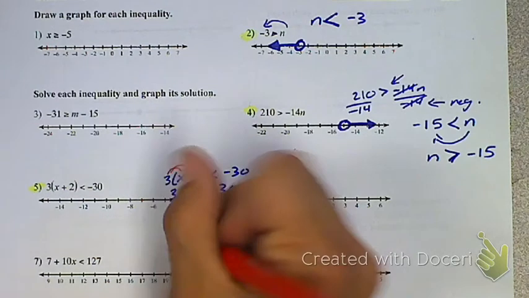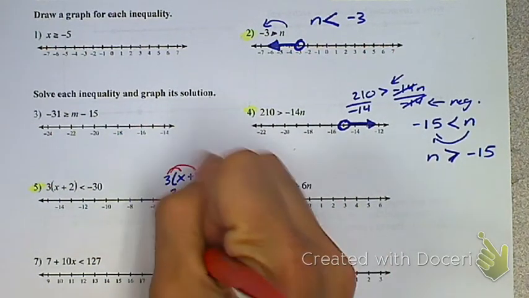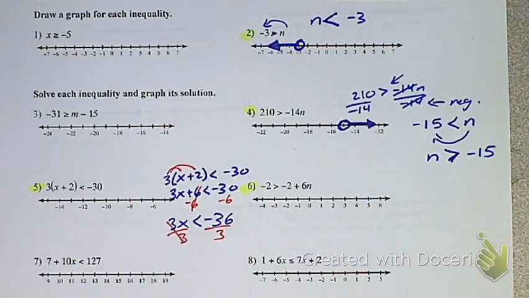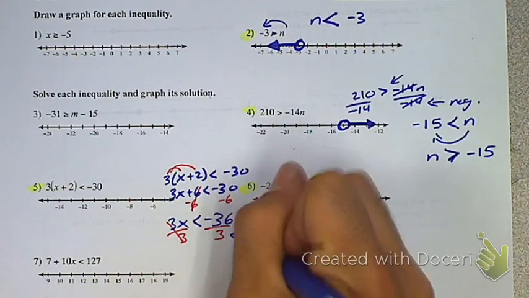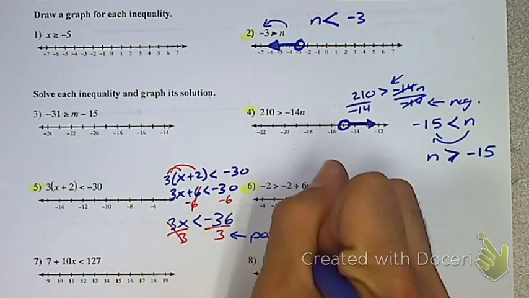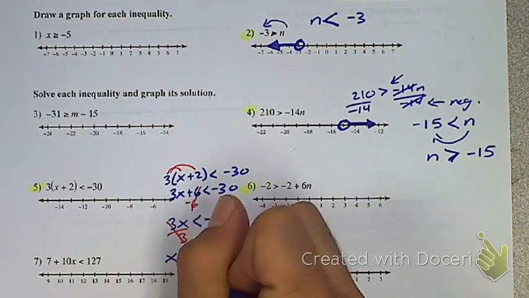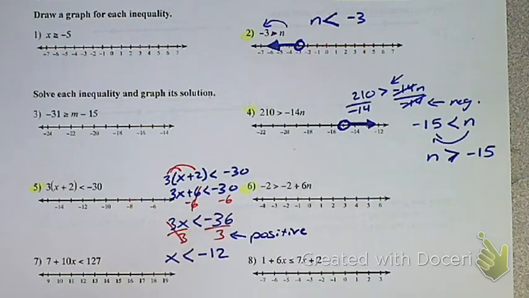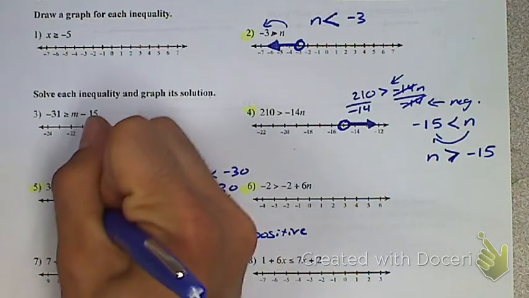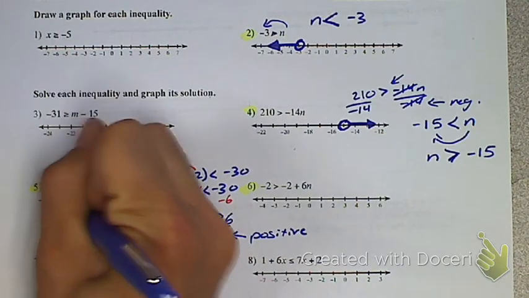Last step is to divide. This is a positive, so it doesn't flip. We get x is less than negative 12. So on negative 12, it is open, going to the left.